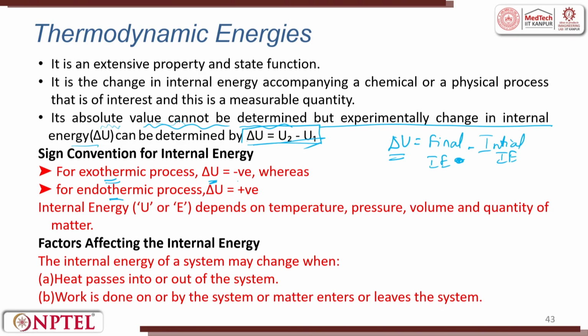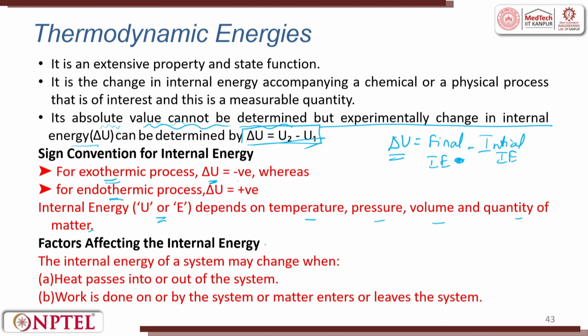So, that is nothing but endothermic reaction. The internal energy U or E depends directly on temperature, pressure, volume and quantity of matter. So, if the temperature is high, U changes. If the pressure applied is high, E changes, volume changes, and the quantity of matter also changes the internal energy.